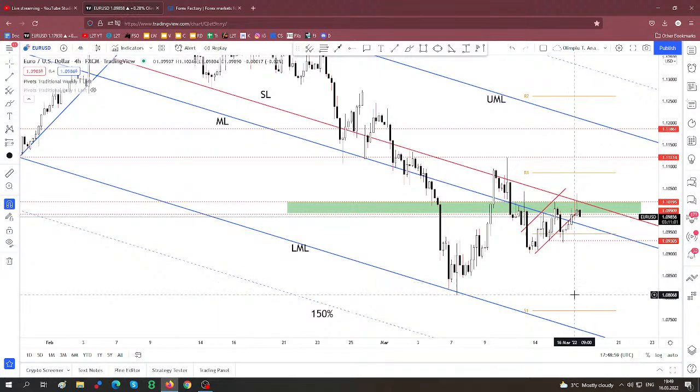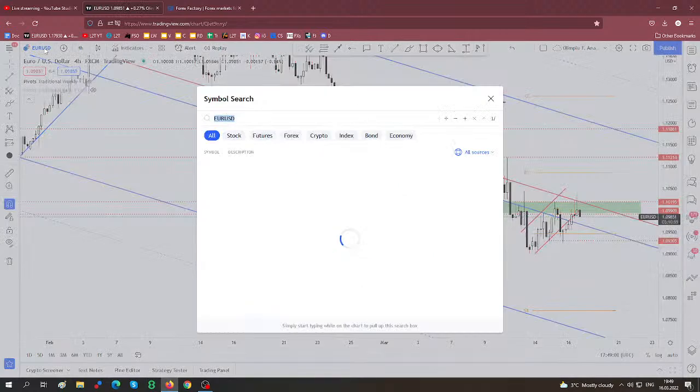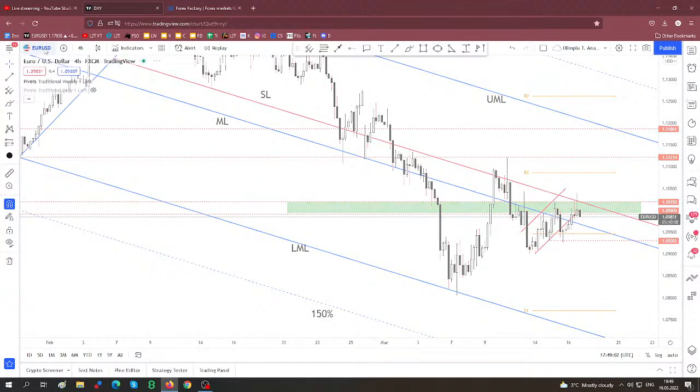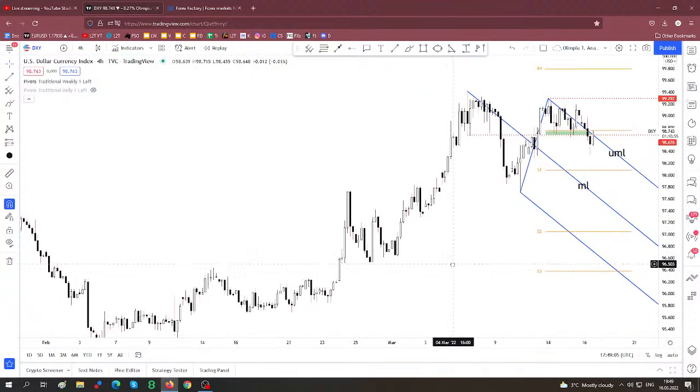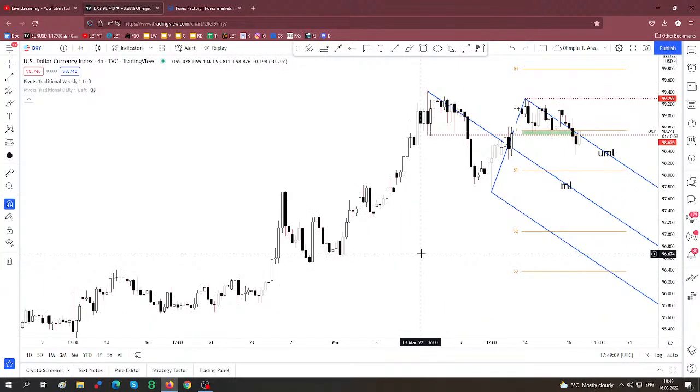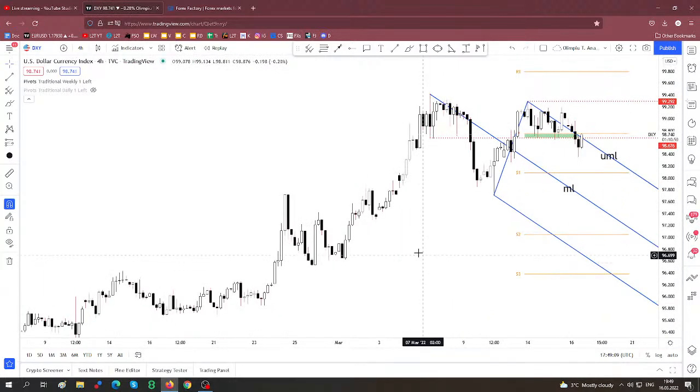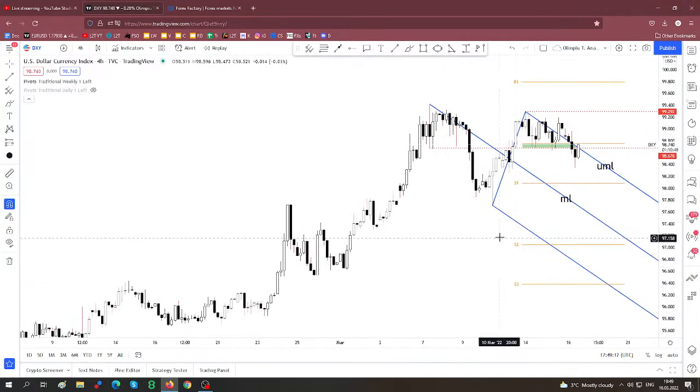Actually, in my opinion, let's take a look also on the dollar index. In my opinion, if the Federal Reserve or the FOMC comes in more hawkish than expected, then maybe the DXY will jump higher, so the US dollar could appreciate versus its rivals.